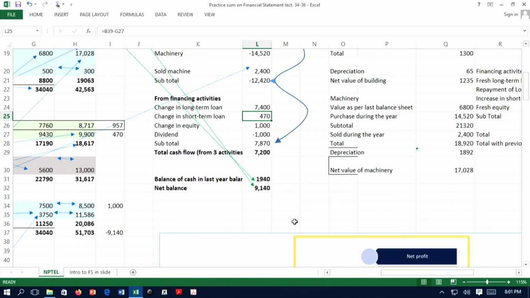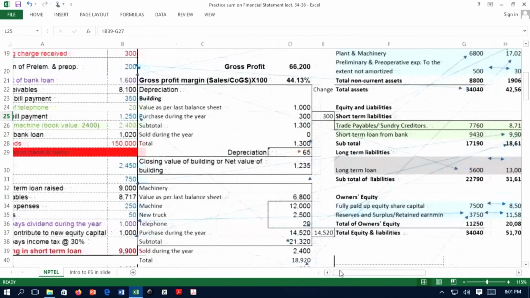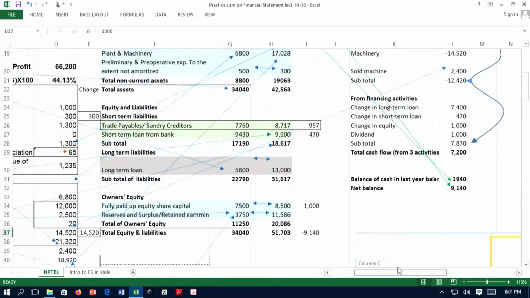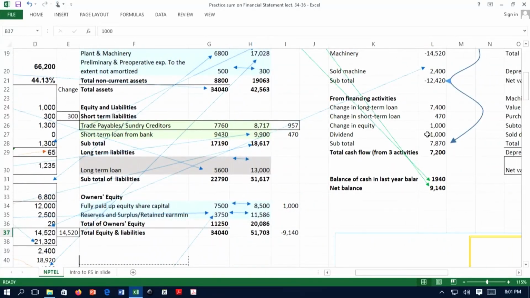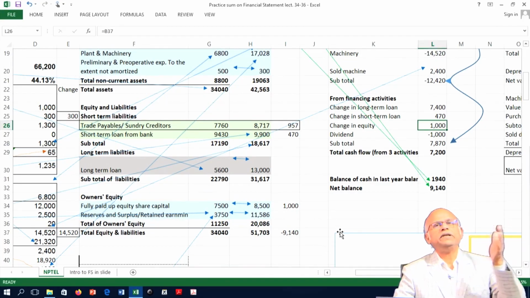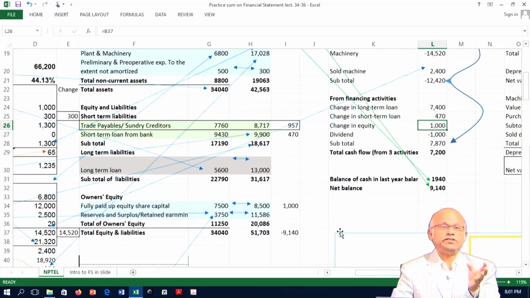Change in equity: when we provided the data, we said that founders bring in new equity of 1,000 rupees. So, we add that here, this is a positive cash flow, because even though founders are part of the company, they are external agents. Company is a separate entity. Company is called a juridical person.